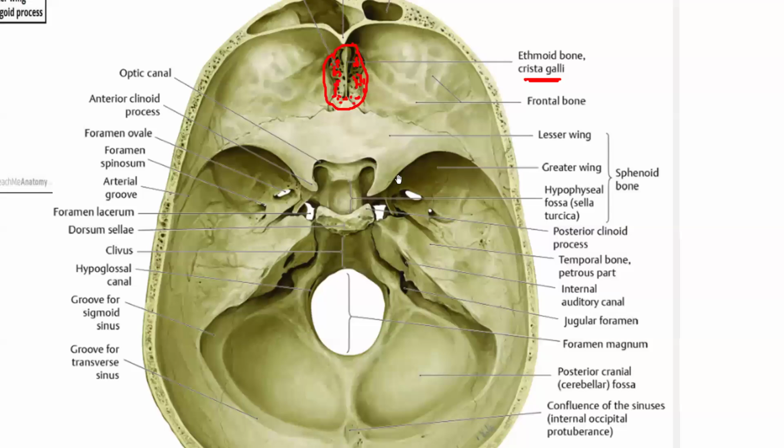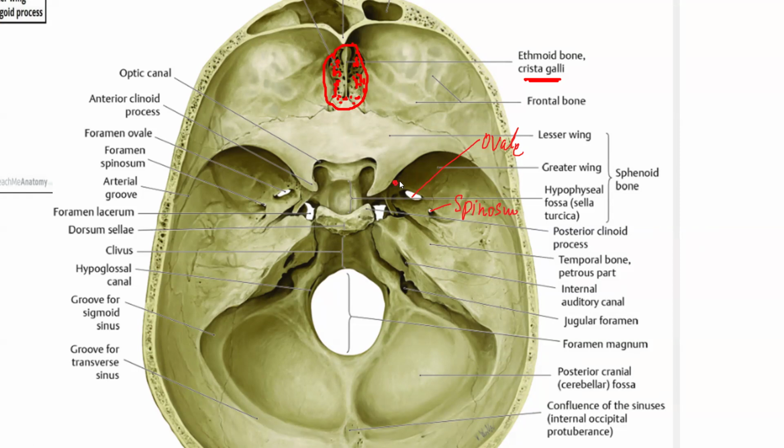We'll see that. So to remember, always remember it like this. Let me just write it down for you so that you never forget it. Okay. So this is the foramen ovale. This is the foramen spinosum.